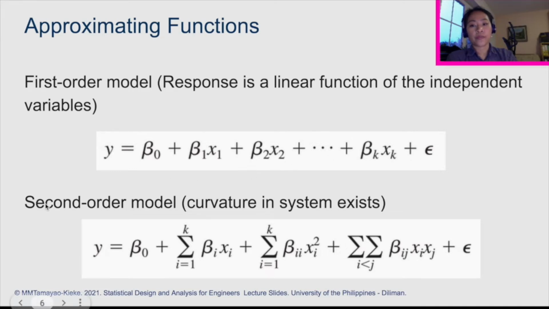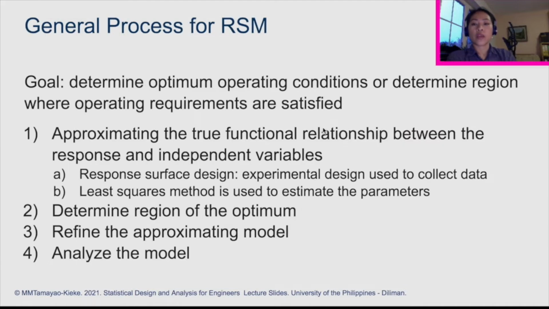And we have also the second order model, which is used when there's a curvature in the system. Okay, and this is how a second order model generally looks like. So you have the linear terms, you have the quadratic terms, and then you have the interaction terms.